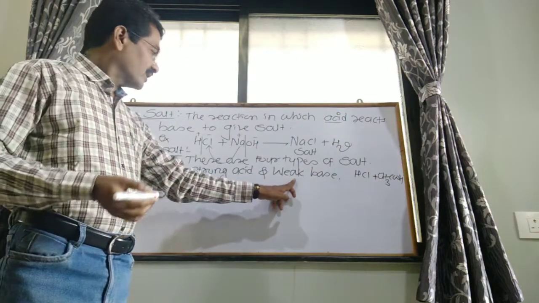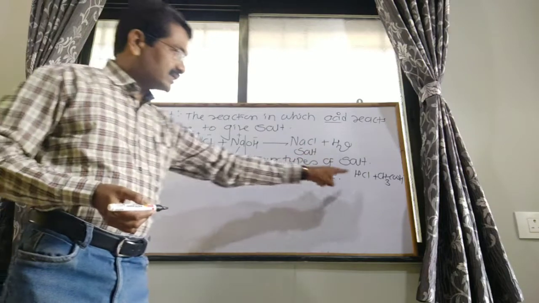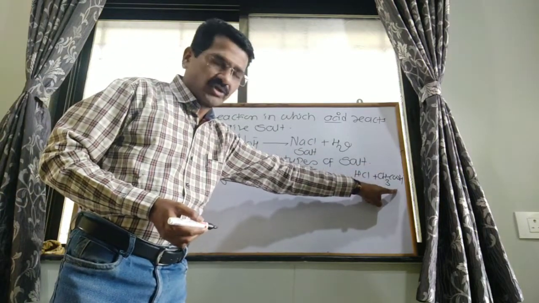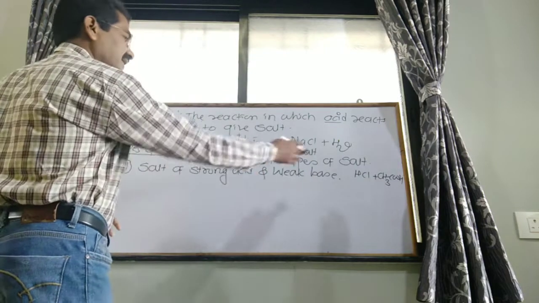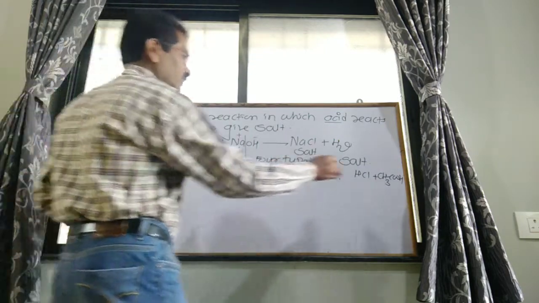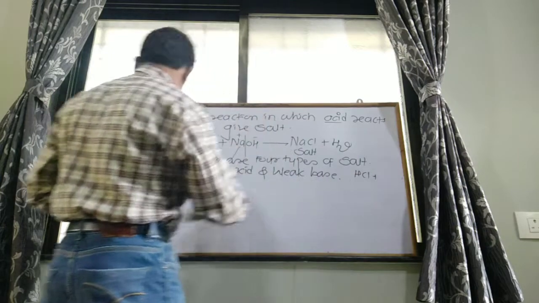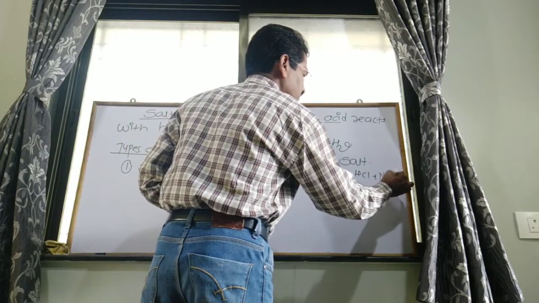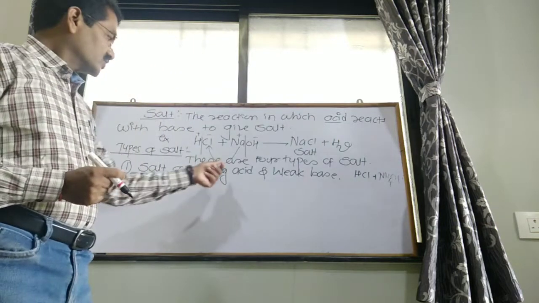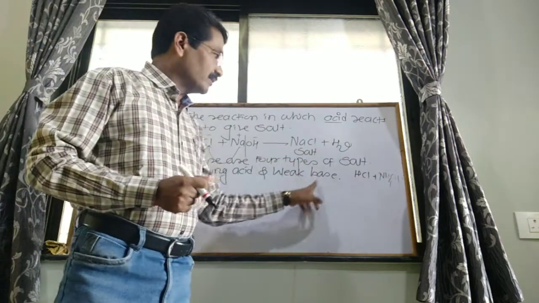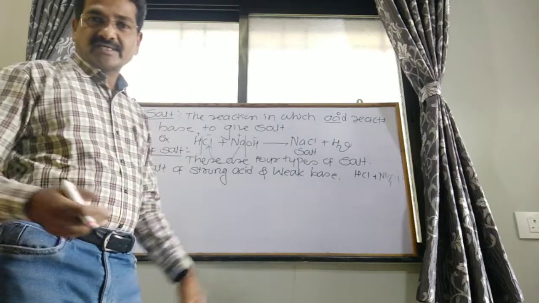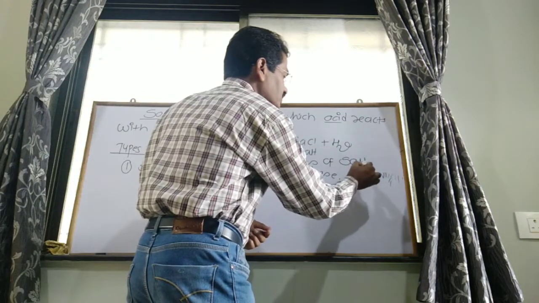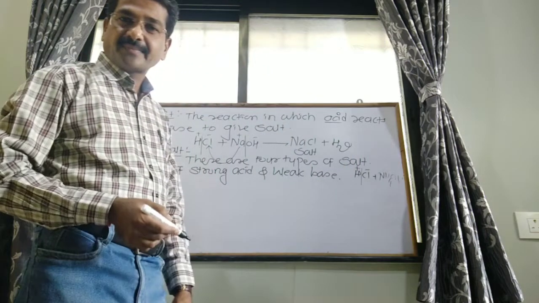See again, strong acid HCl and weak base NH4OH can combine together. By breaking, HCl gives H plus and Cl minus.